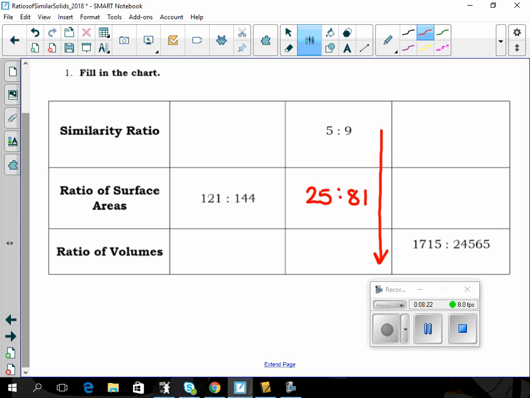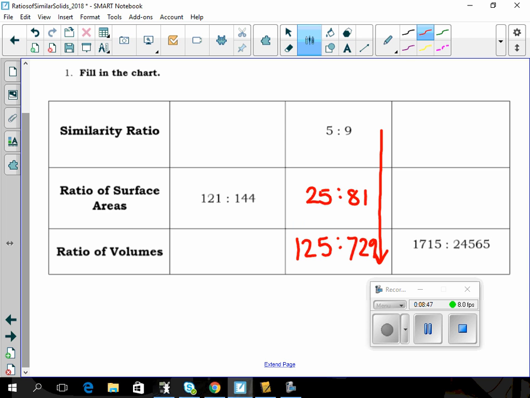And then how would I find the ratio of the volumes? Now what am I cubing? I'm cubing the original one. So I'm cubing, again, the 5 and the 9. So 5 cubed is? And then 9 cubed is?